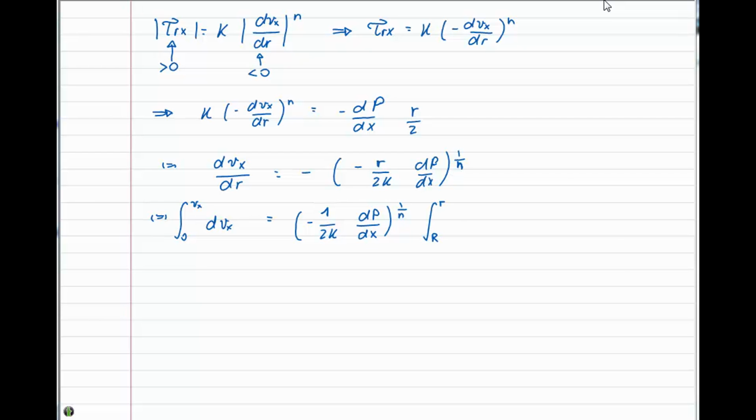The border conditions here are that at the pipe wall, where the radius is large R, the velocity is 0. Now we need to figure out the integral of r to the power of 1 over n.